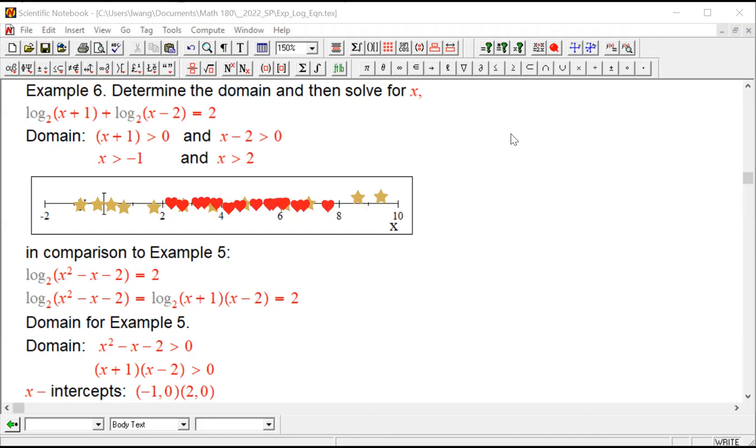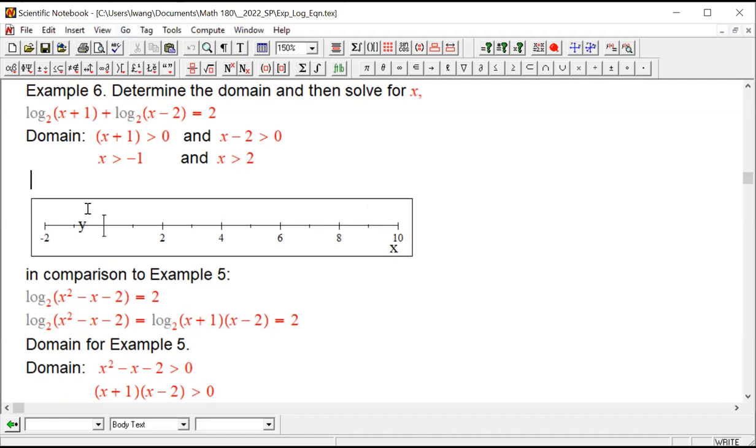That combination will only have x larger than 2. The domain for example 6 is x is larger than 2. So you can see a big difference.